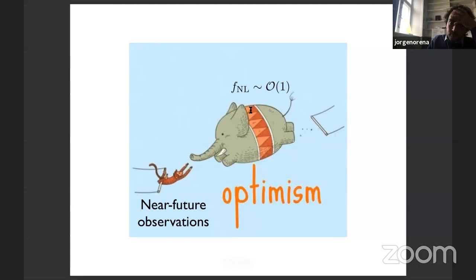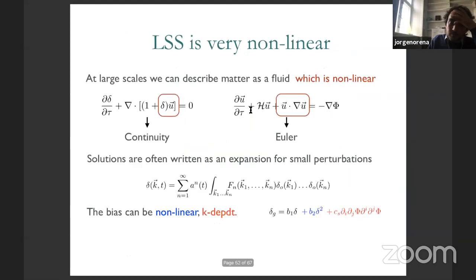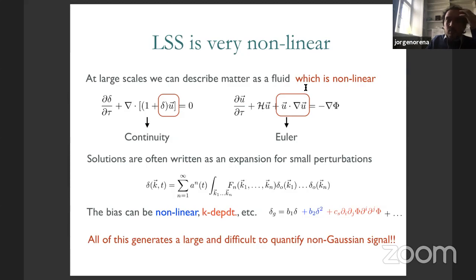Because when you were talking about the multi-field inflation, you said that in principle there is a correlation between the gravitational potential and the amount of galaxies observed in that wave. Is it possible to disentangle, for instance, the gravitational potential itself? Well, no. In galaxy surveys, it's impossible to disentangle the gravitational potential from galaxy number overdensities.